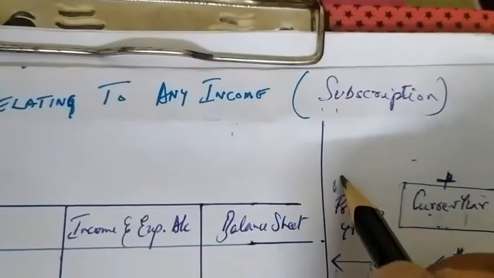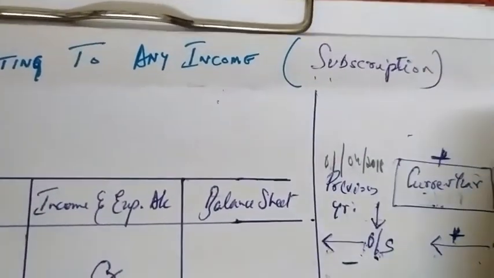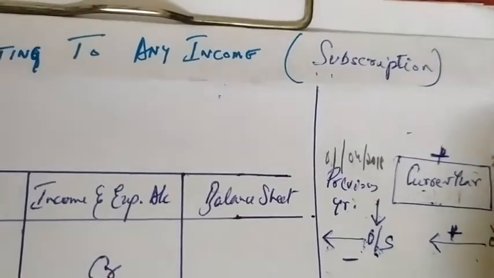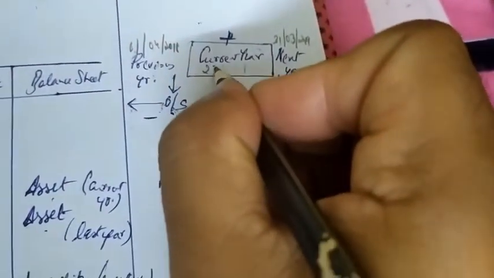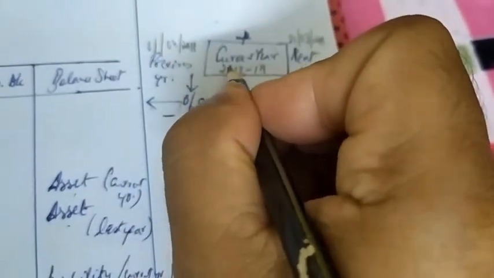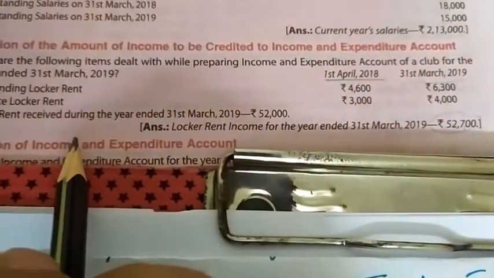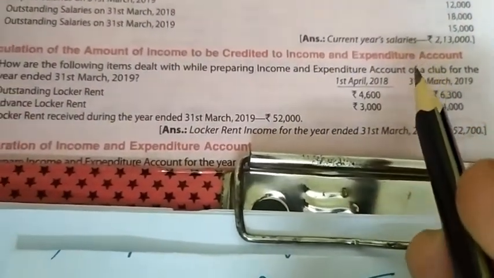1st of April 2018 previous year and 31st of March 2019 the next year, and your accounting year is 2018-19. So for the year 2018-19 we are finding the amount of locker rent that will be credited to income and expenditure account. The procedure is the same.